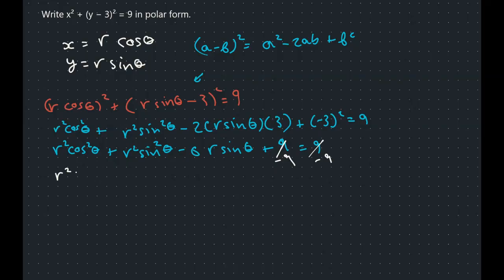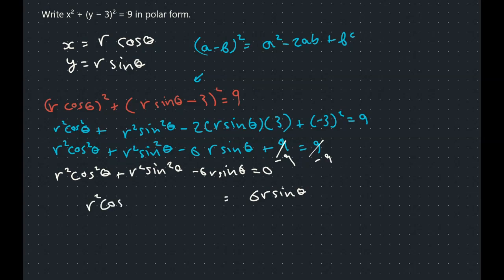So r squared cosine squared theta plus r squared sine squared theta minus 6r sine theta. And because the 9 is cancelled, all of this is equal to 0. So I think it is obvious that we should move the 6r sine theta to the other side. Therefore, we'll have this: r squared cosine squared theta plus r squared sine squared theta.